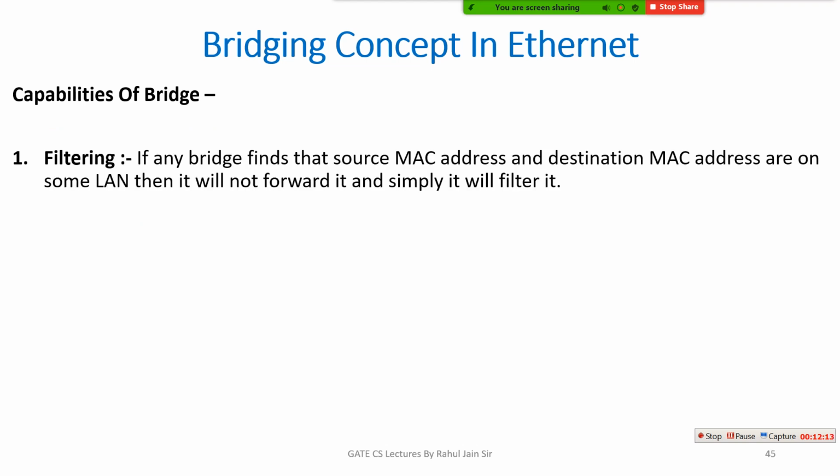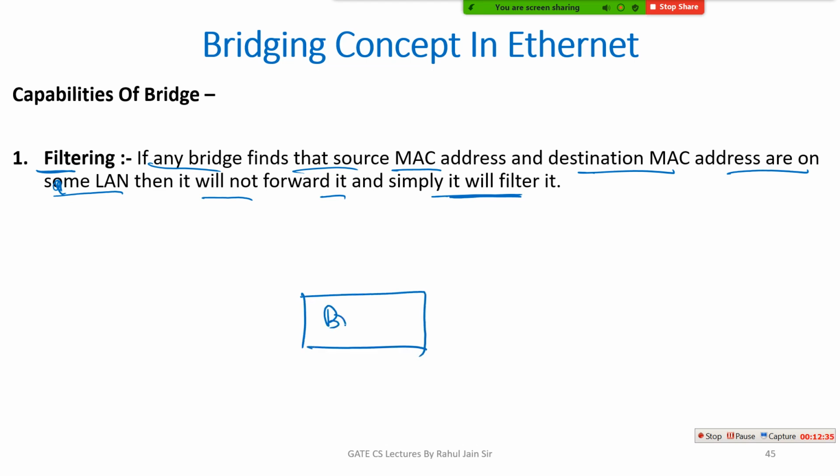Now if I talk about filtering, then if any bridge finds the source MAC address and destination MAC address are on the same lane, then it will not forward it and will simply filter it. What does it indicate? See here, guys.